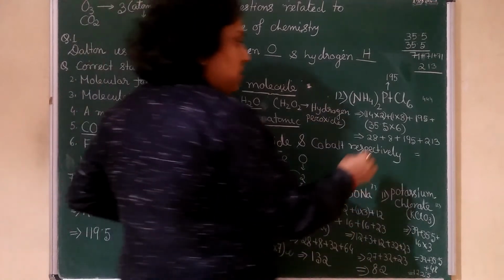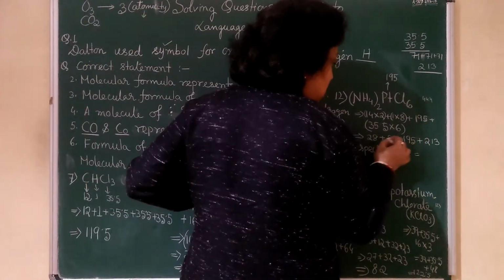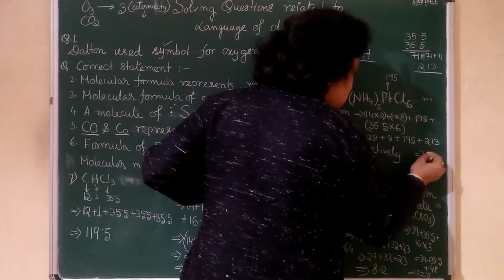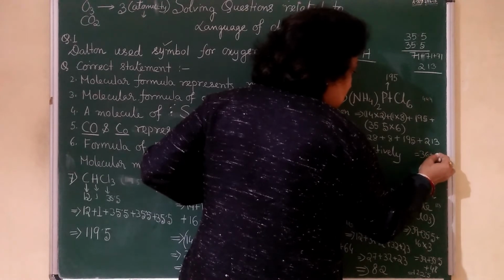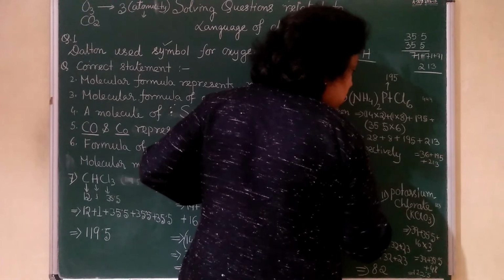So what will it be? So calculate. 28 plus 8 it will be 36, plus 195, plus 213. Okay.